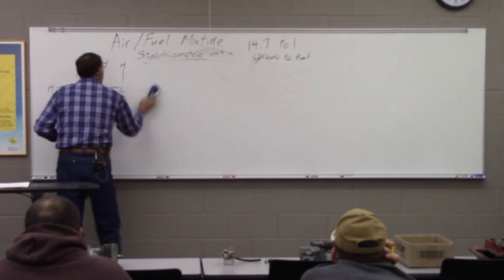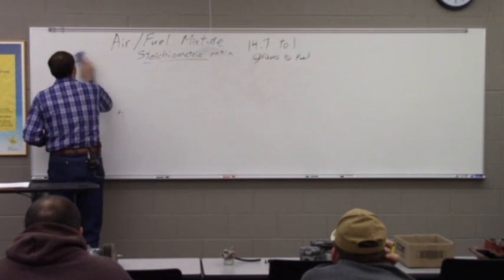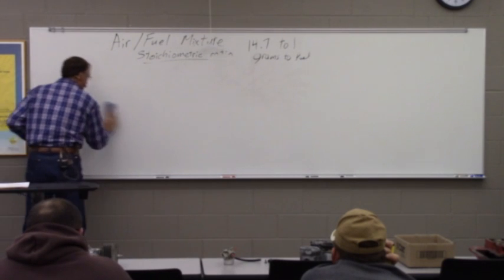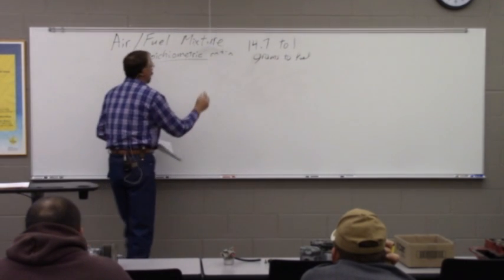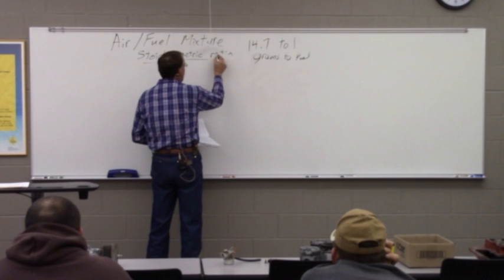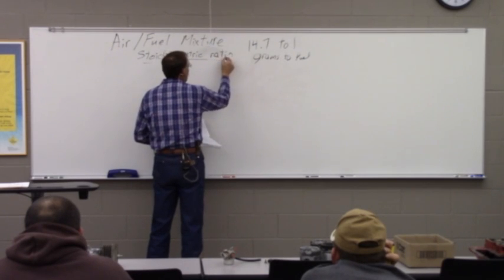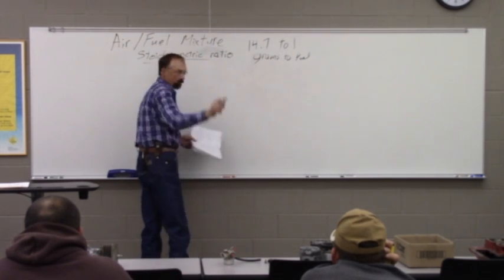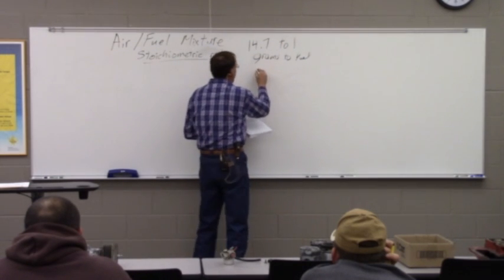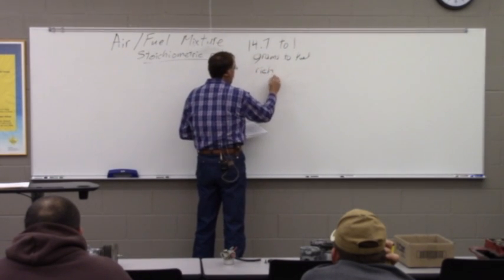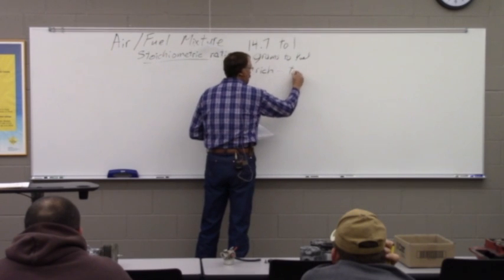The carbon monoxide and the straight carbon and the oxides of nitrogen and all that stuff. Now, that's a fine line to try and hit. If we wind up with a rich mixture, when the term rich is used, unless we're talking to Mr. Rich Needens, we're talking about too much fuel.